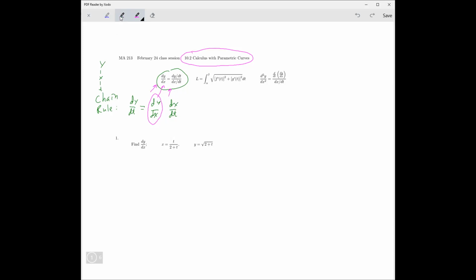Okay, so what we're going to do then is apply this right here, dy dt over dx dt. Okay, so dy dt, first of all, we can rewrite this as 2 plus t to the 1/2. Maybe that's easier to differentiate that way.